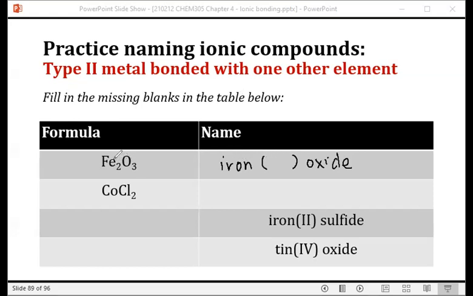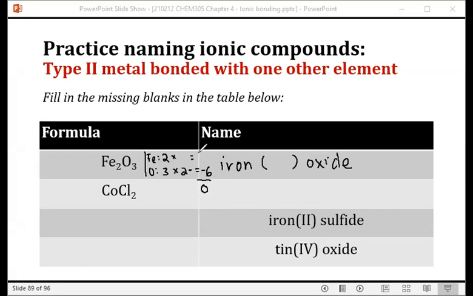So we know overall this compound with 2 iron atoms and 3 oxygens needs to have a net charge of 0. So if we draw a little chart here, we have iron, we have 2 atoms of iron times whatever charge it is, plus for oxygen, we have 3 atoms of oxygen times each oxide has a charge of -2. So that means altogether the oxygens are providing a charge of -6.